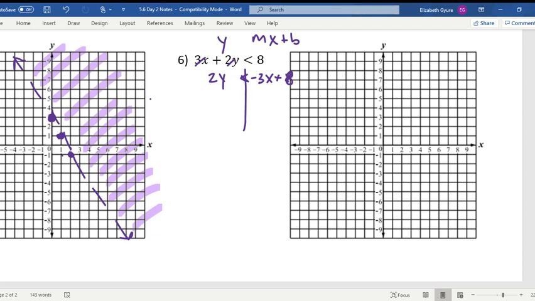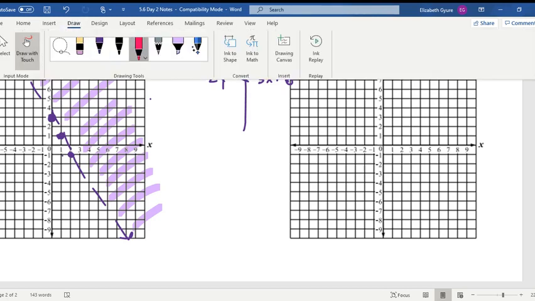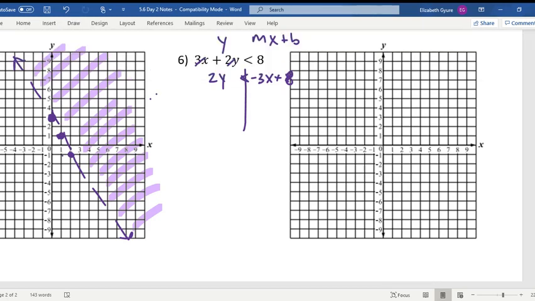The 2, that 2 should not be there. The y should be all by itself. Well, doesn't this mean 2 times? So if we're multiplying by 2, we can get rid of it by dividing by 2. But remember, when you multiply or divide, you don't get to pick and choose. If you divide one thing by 2, we have to divide everybody by 2.